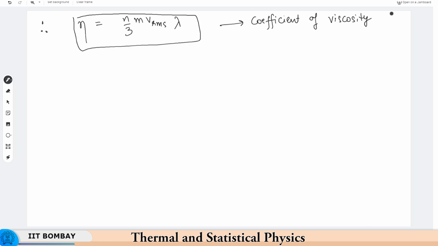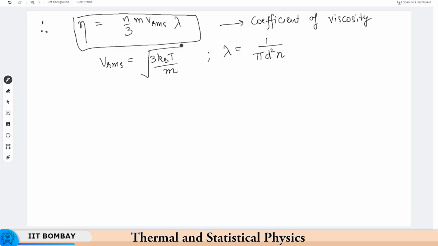Remember now we know what our Vrms is. Vrms is basically the square root of 3 kBT divided by m, and lambda, as we saw in the last class, is basically 1 by pi d squared n, where n is the number density.